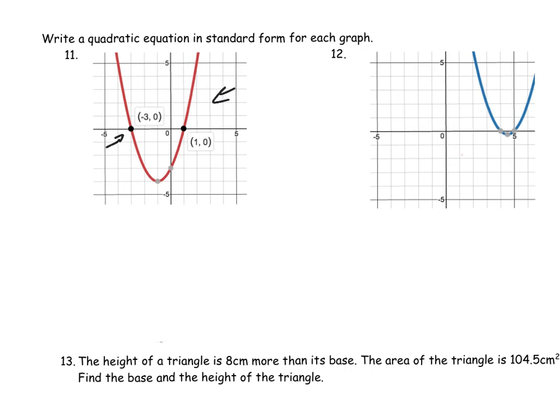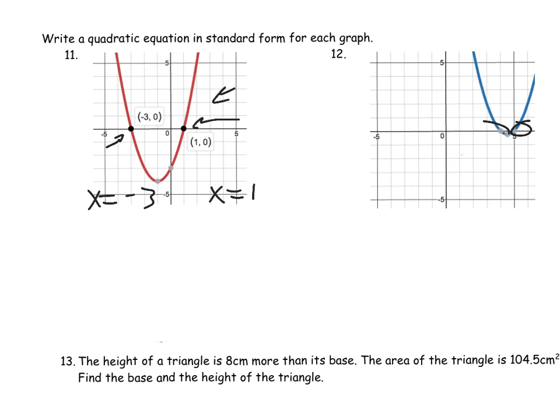Find your zeros or your roots. Well, the first one's negative 3, 0. That means x equals negative 3. The other one is 1, 0, and that means x equals 1. So change these to factors, multiply the factors, and you have your answer. So once you find these two, and you'll find yours over here too, looks like they're 5 and 4. Change them to factors.